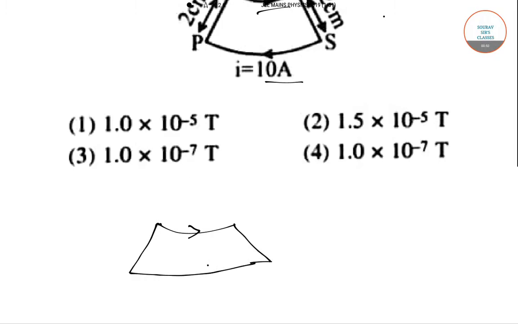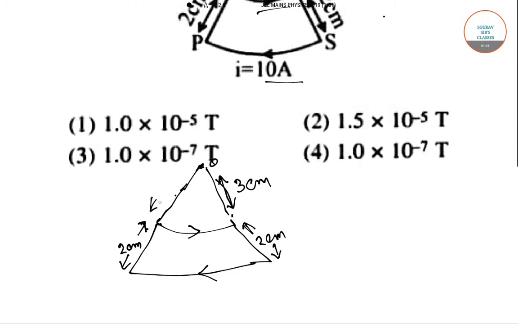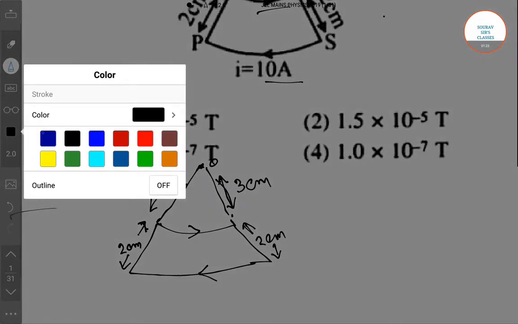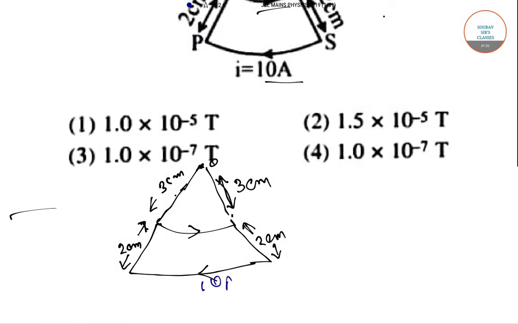These two are joined here and this is 2 centimeter, and this is also 2 centimeter, and here the center point is O, and this is also 3 centimeter, and here this is also 3 centimeter, and the current is 10 ampere.